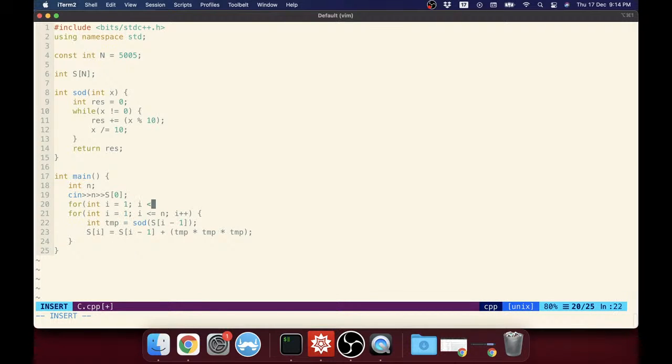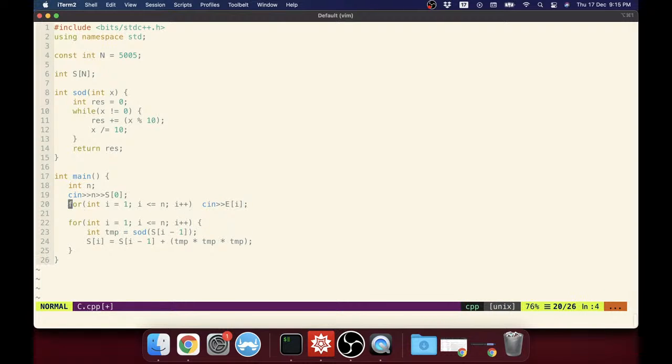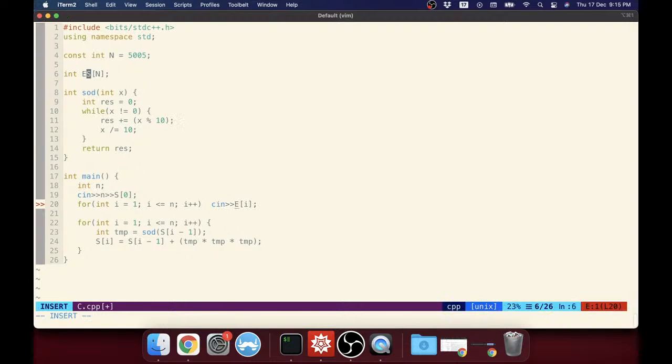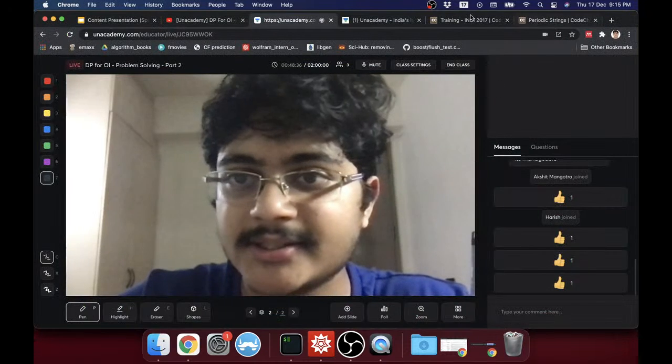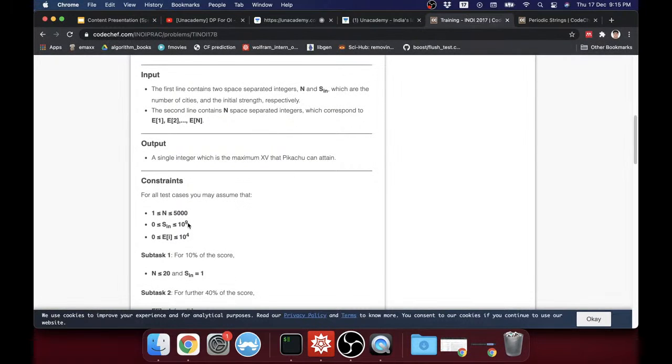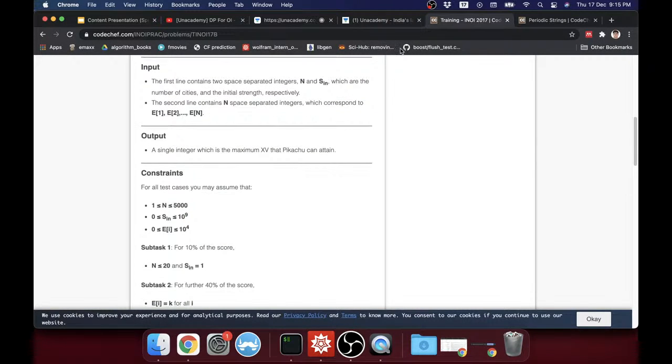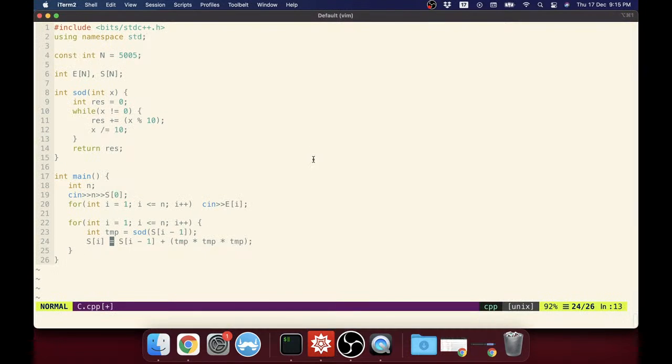We also get in the input the experience array. One thing to note here is that the sum of digits is 1e9 initially, and our calculation showed us that it can go up to 5e9, something around that.